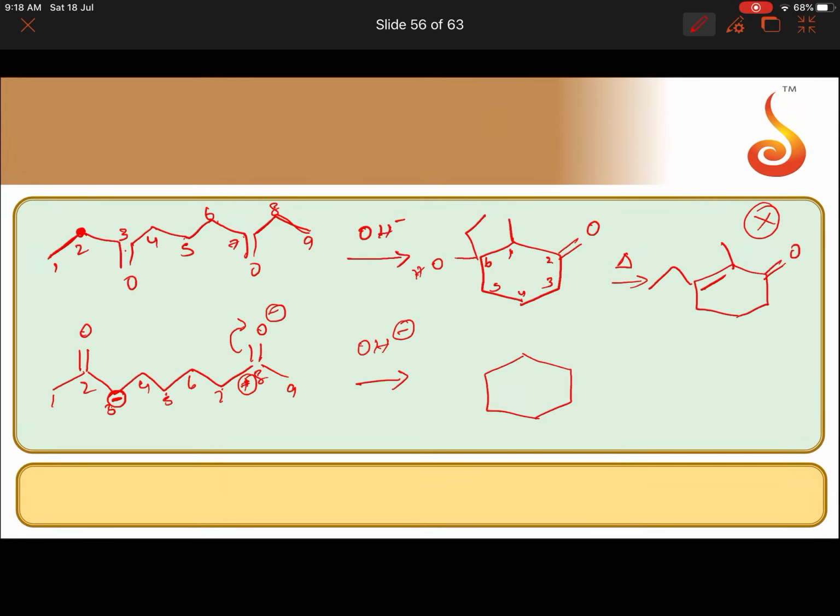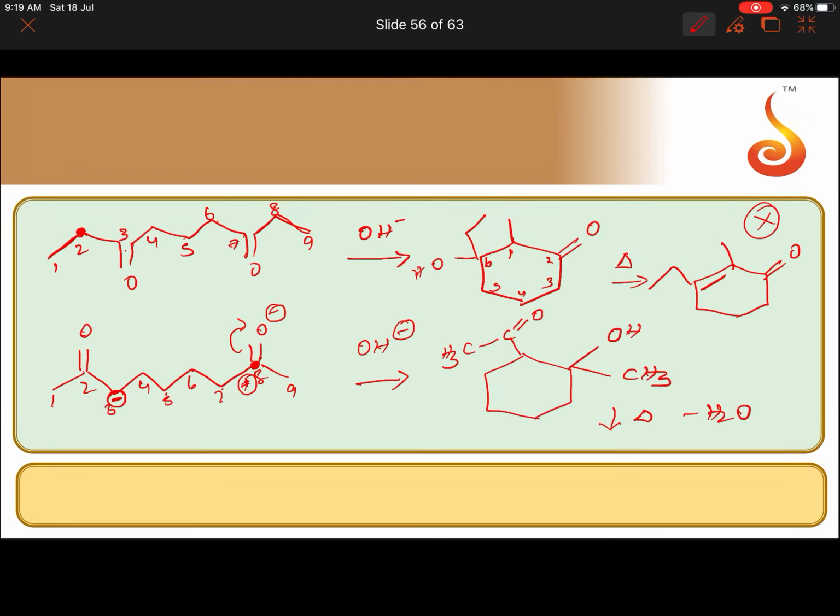So in the 6-membered ring, on this carbon atom there will be OH and CH3. On the first carbon atom, on the other side, we have C double bond O CH3.